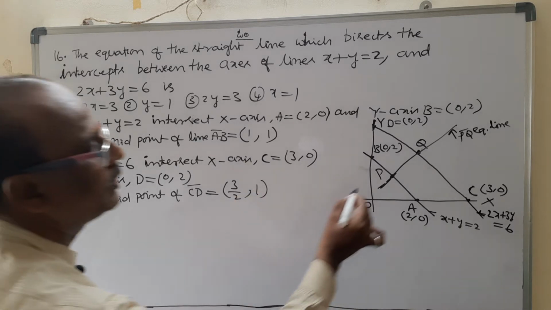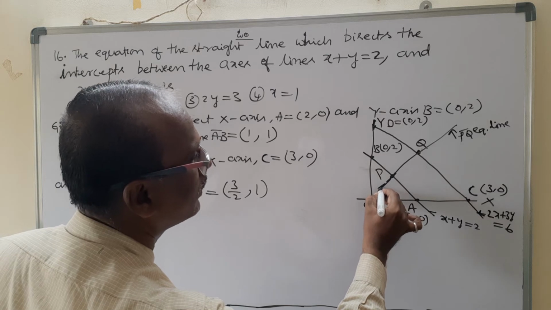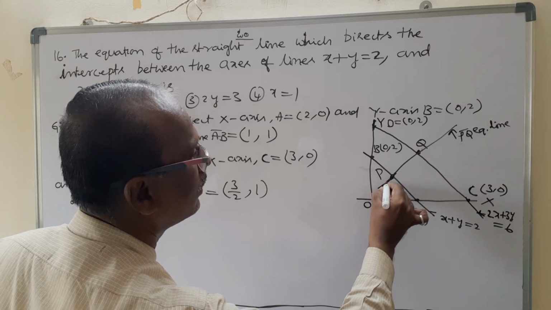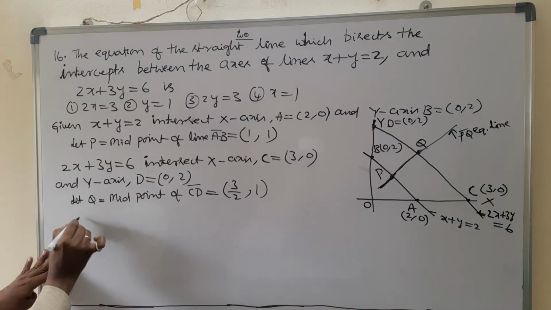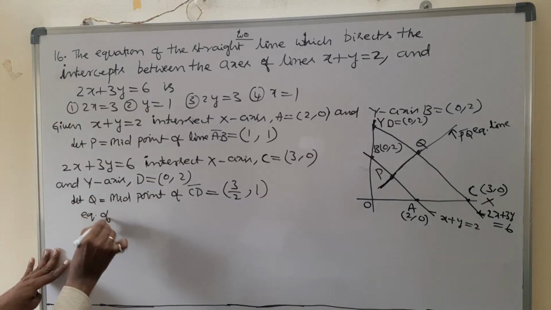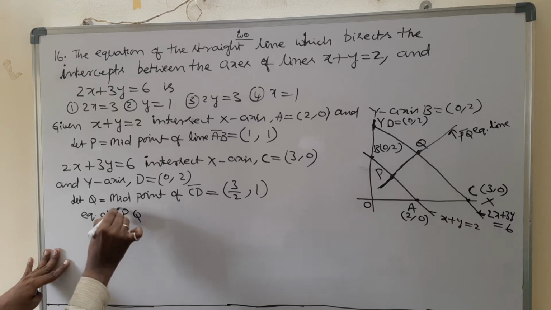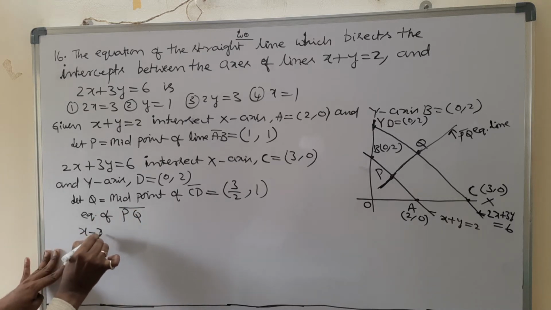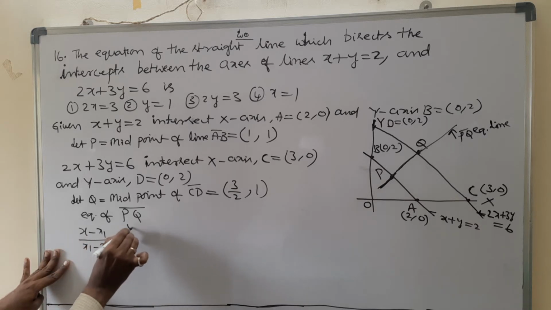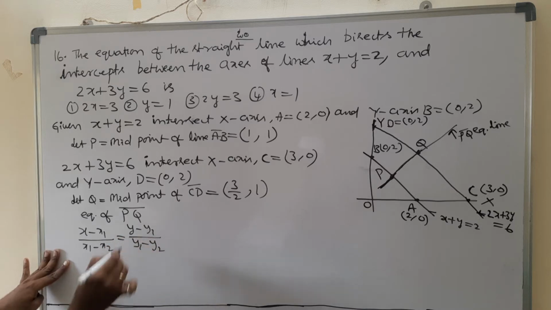To find the equation of line PQ, the question asks to find this line, the PQ line. Here apply the formula: x minus x1 by x1 minus x2 is equal to y minus y1 by y1 minus y2.